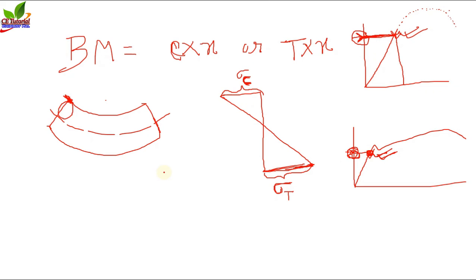Now, how can we correlate the force and the stress, C and sigma c, or T and sigma t? What is the relation between T and sigma t in the tension zone, or C and sigma c in the compression zone?